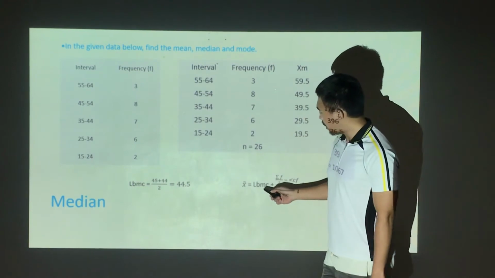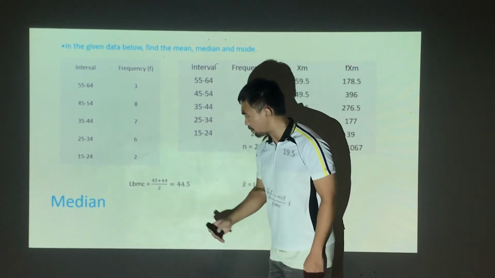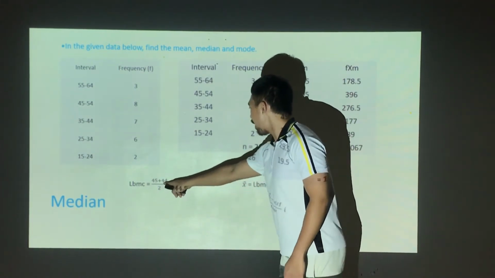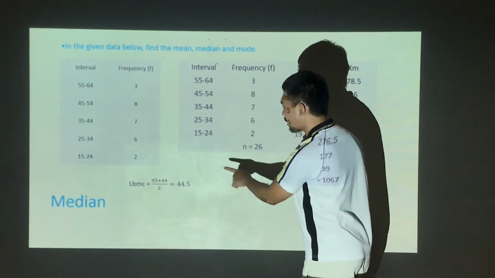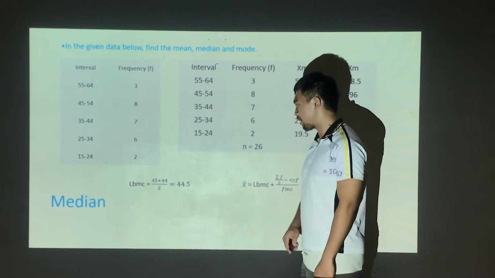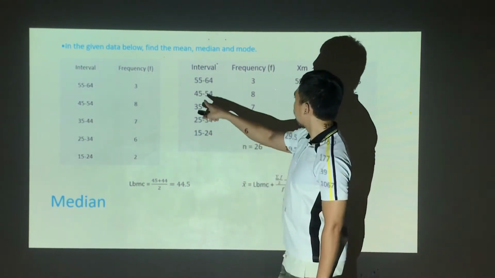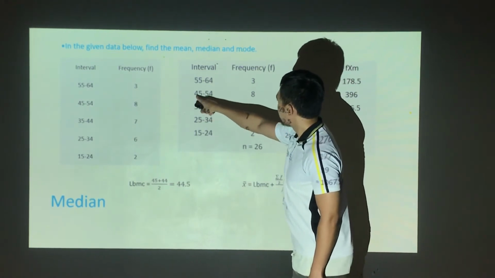How do we solve for this? This is how we solve for it. The lower boundary is equal to 45 plus 44, divided by 2. Where did that 45 and 44 come from?